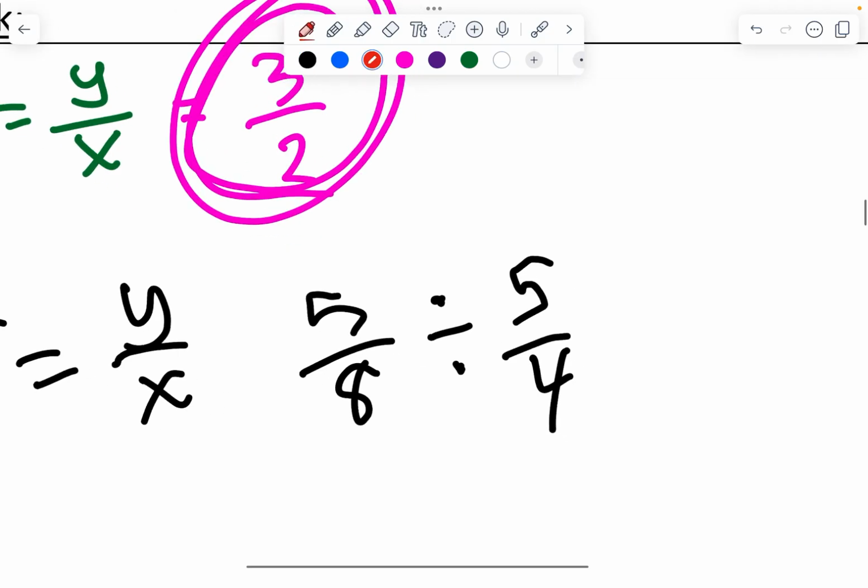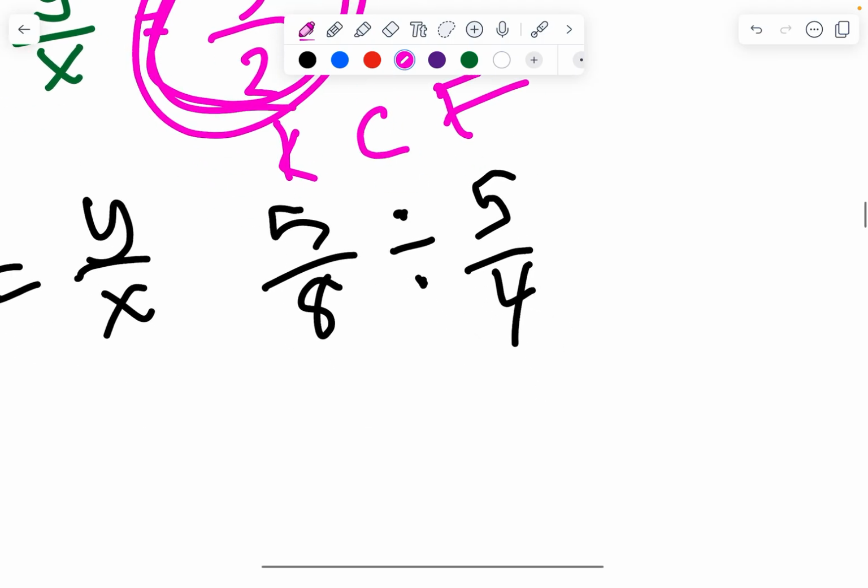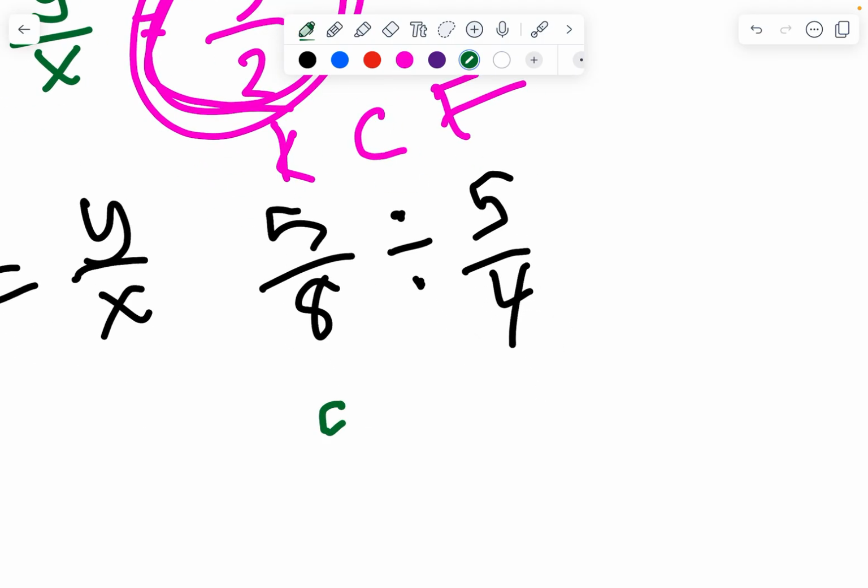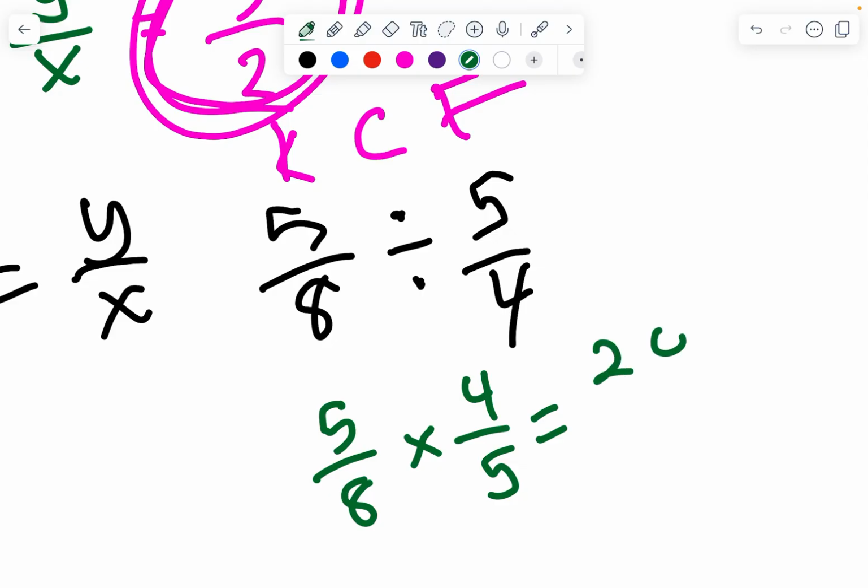And then with this right here, just like we did on the first one, we want to keep, change, flip. So 5 over 8 times 4 over 5. We multiply it straight across. So 5 times 4 is 20. 8 times 5 is 40.